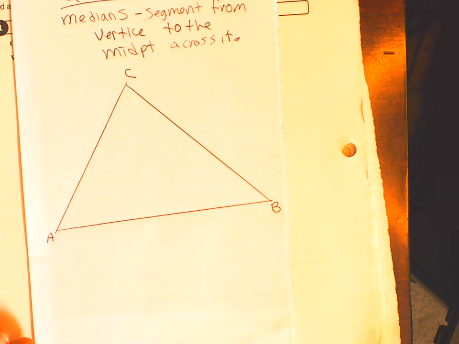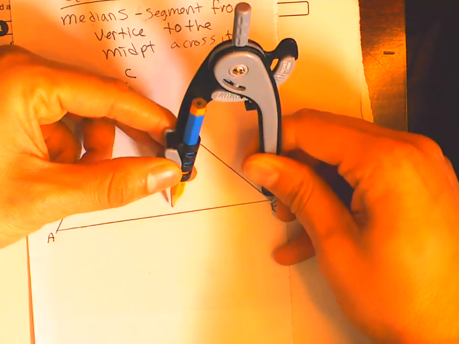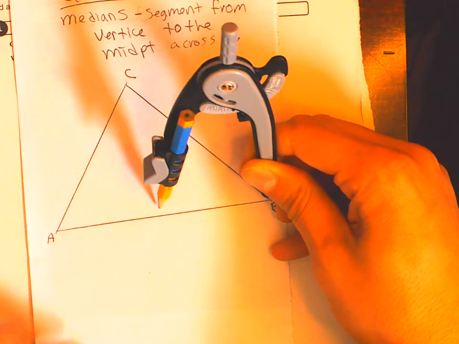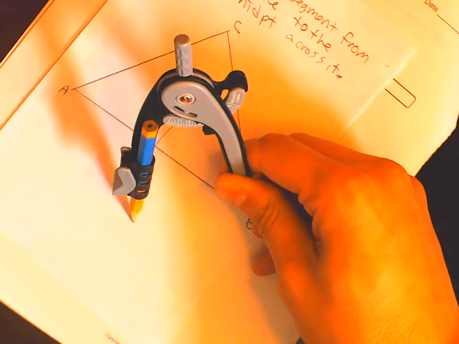I just want you to see that we're only going to do half of that construction. Pick 2 sides, doesn't matter which one. From here, I'm going to open up to more than halfway, about so, right there. And I'm going to draw my 2 arcs like this, from A and from B.